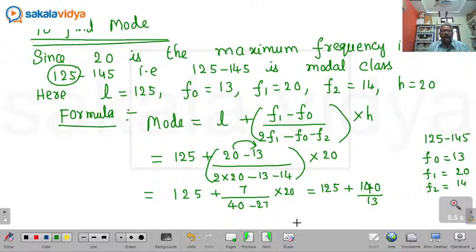Okay, you will be getting 125 plus approximately 140 by 13, which means you will be getting 10 point something. 13 10s are 130, 10 point you will be getting 76923. This equals 135.76923, which is the mode. So now what do you observe?